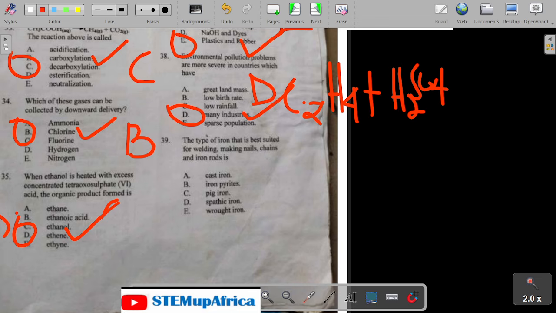We have the last one, wrought iron. So the answer is cast iron, which is A.